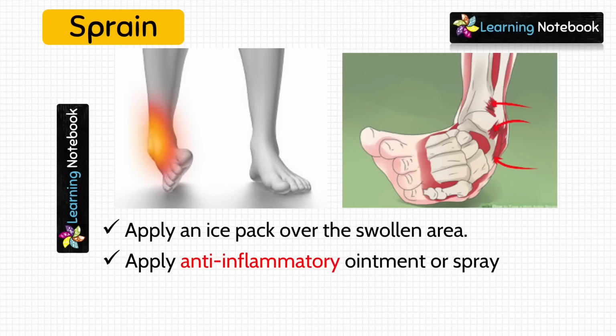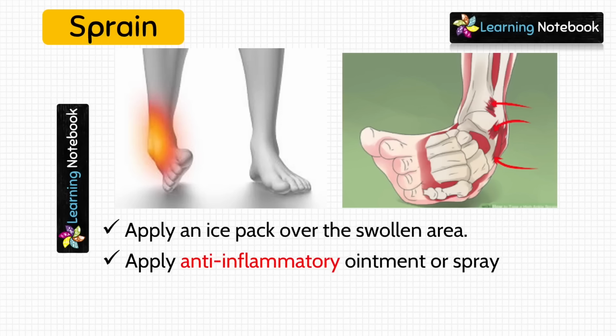Firstly, cool the burn by running cold water over the burnt area. Next, make sure to apply an anesthetic cream to soothe the pain. What is anesthetic cream? It is a cream to reduce pain. Then, sometimes after a burn, blisters appear.